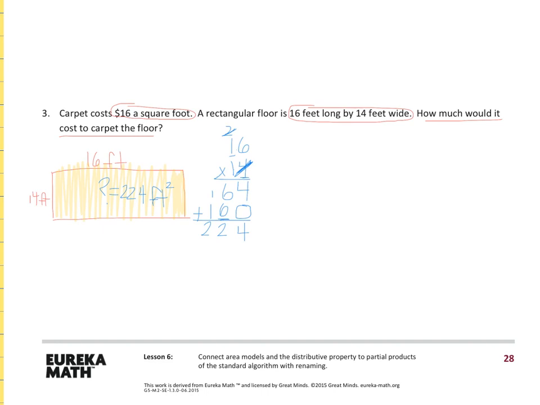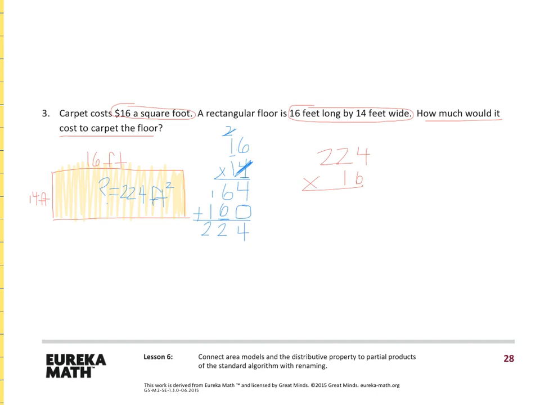A carpet costs $16 a square foot, and we have 224 square feet. So we would take 224, and I'll do it in red, 224, and multiply it by $16, and that's going to tell us how much our cost is to carpet the floor.